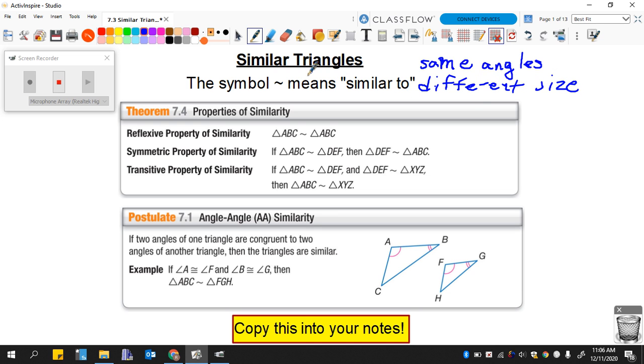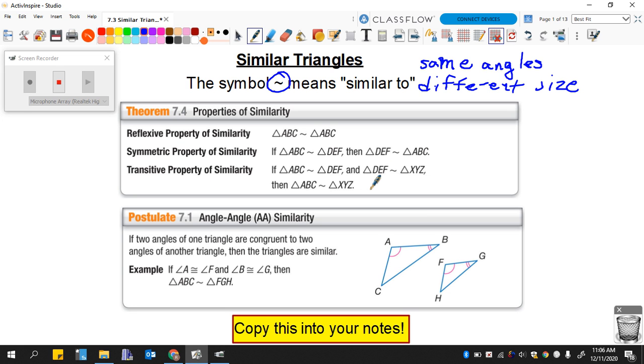Also remember that this little tilde symbol means "similar to." The different properties that we have are the reflexive, symmetric, and transitive properties of similarity, which mean exactly the same as what they did for congruence.